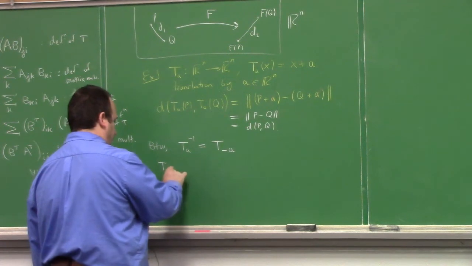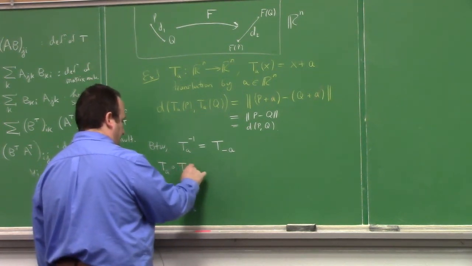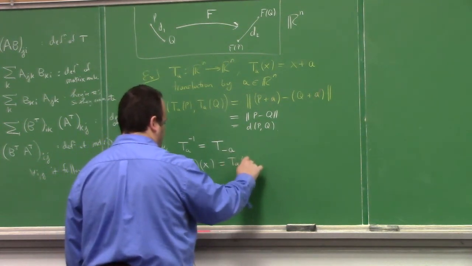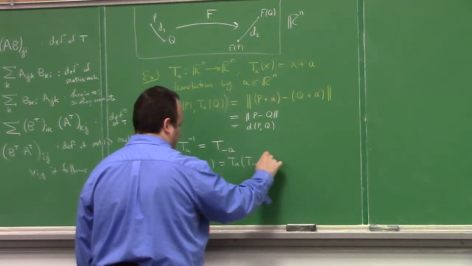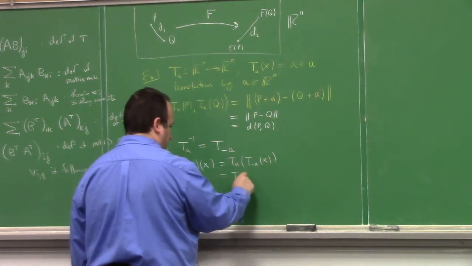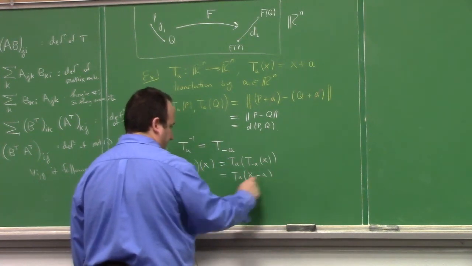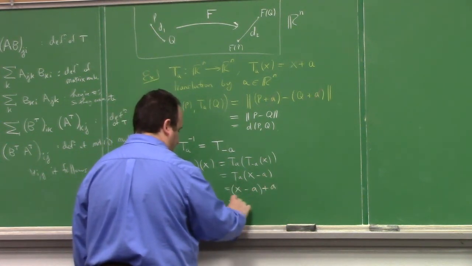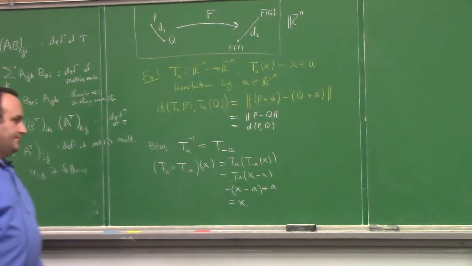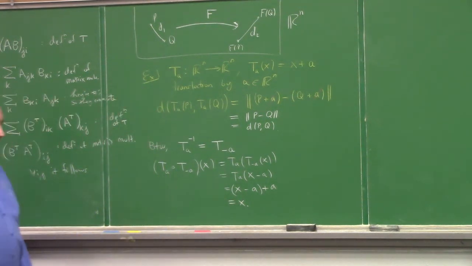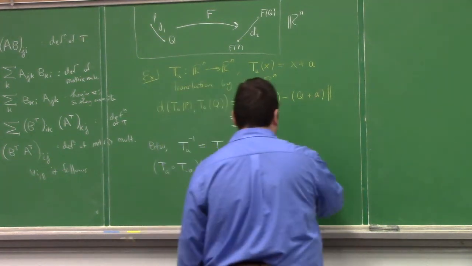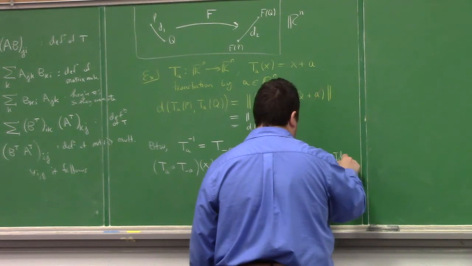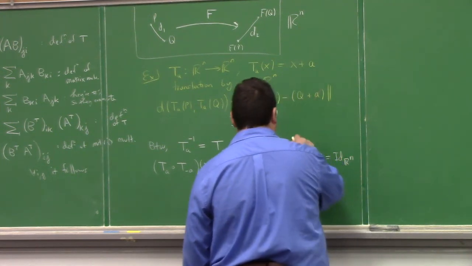So your TA composed with T minus A of X is what? TA of T minus A of X, which is TA of X minus A, which is X minus A plus A, which, by the way, is X again. And T minus A composed with TA is the identity on Rn similarly.